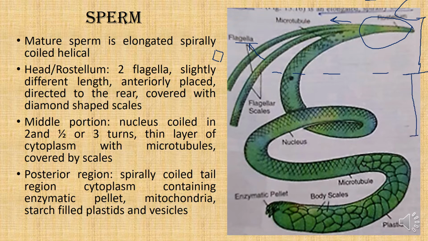We see that the middle portion has nucleus, mainly an elongated nucleus, with nucleoid. The middle portion has a very thin layer of dense cytoplasm filled with microtubules, embedding the nucleus, and this thin layer of cytoplasm lies between the membrane and the nucleus.